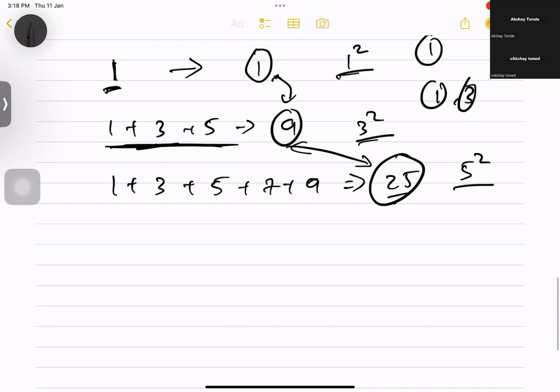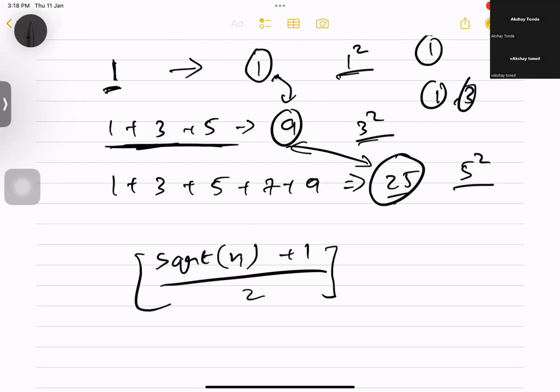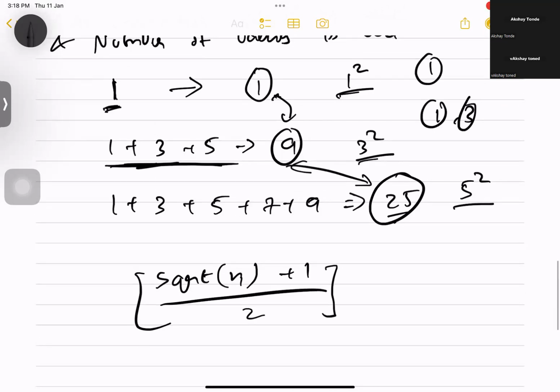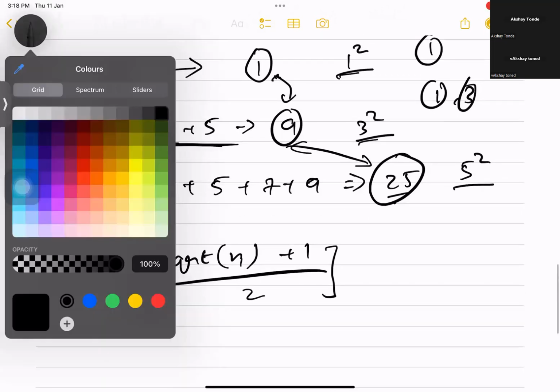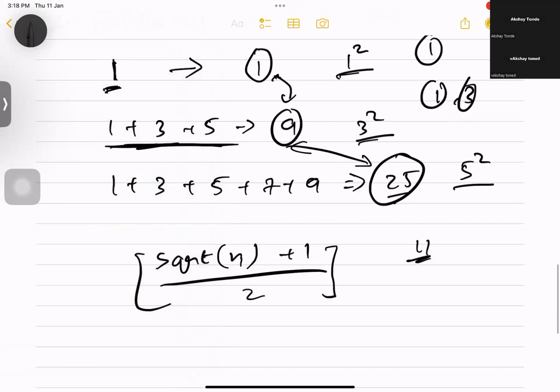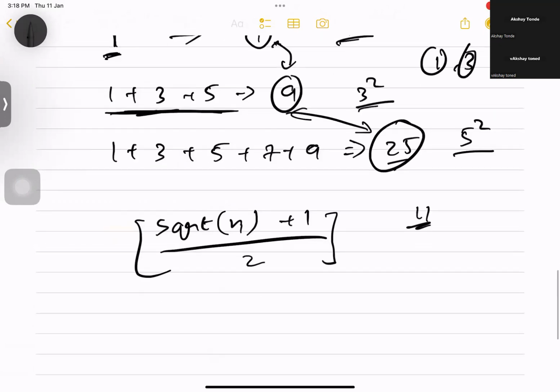Basically, given n, where n is an odd number, what we do is we say square root of n, and we'll add 1 to this, and we'll do by 2. This is also again floor division. So let's take a number like 11. Now for 11, what will be the square root? 3 point something, right?